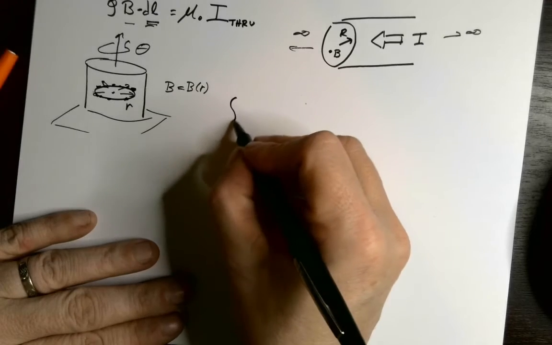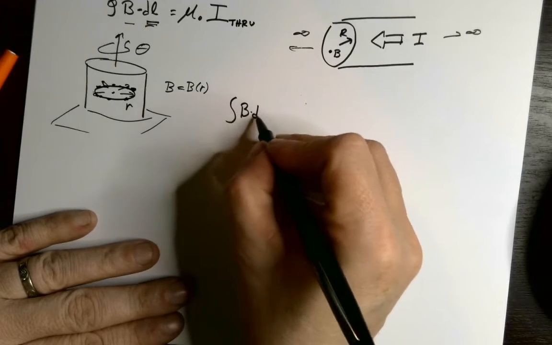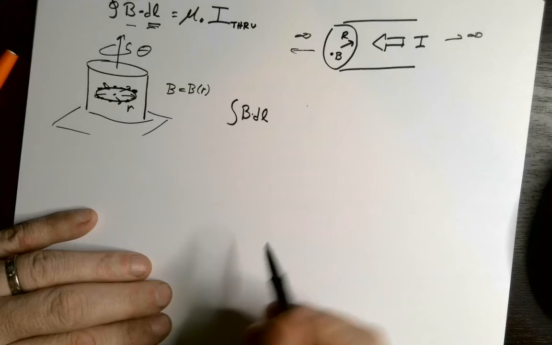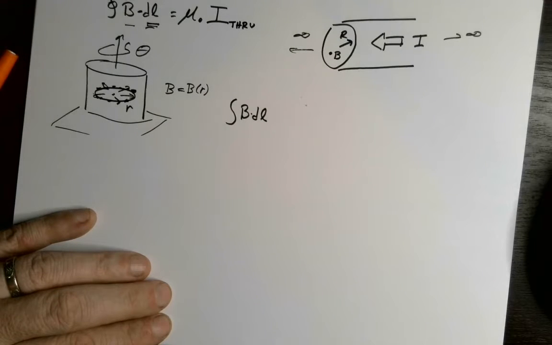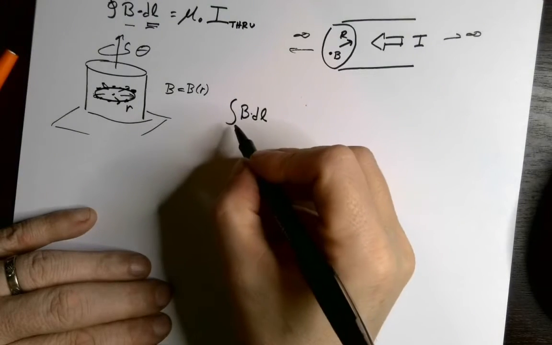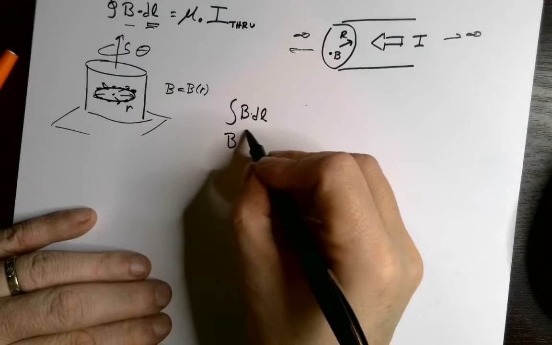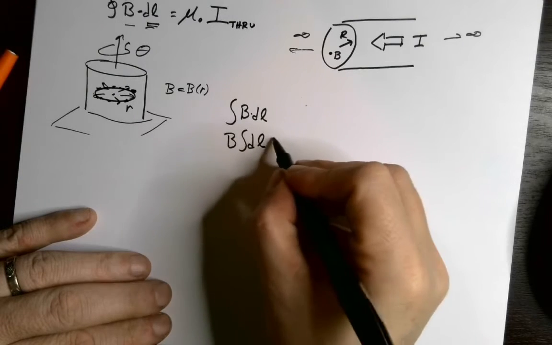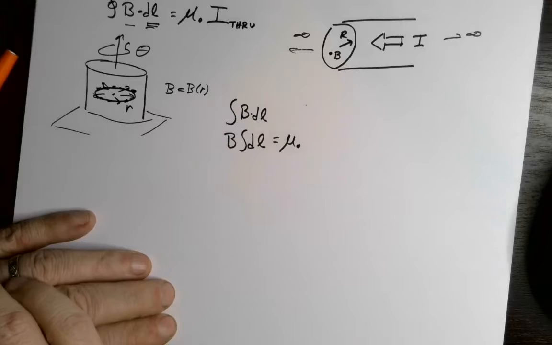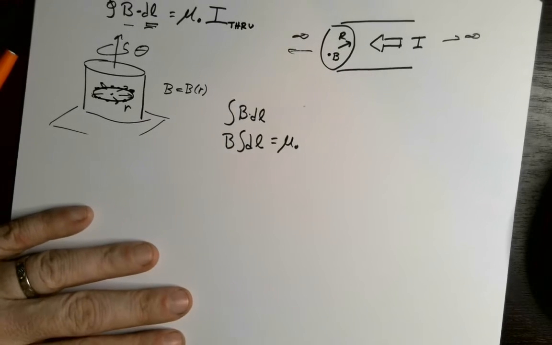So if we write the integral of B dot dl around this circle of radius r, we know that the magnetic field is going to be constant, so that's just B times the integral of dl, and that's equal to mu zero times the current through the loop. What's the current through the loop?